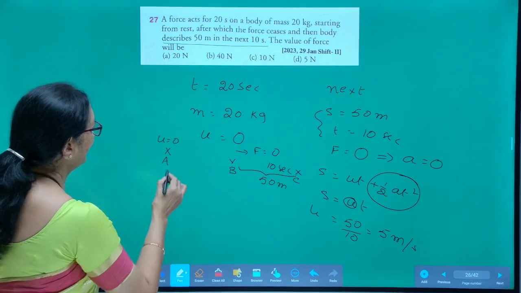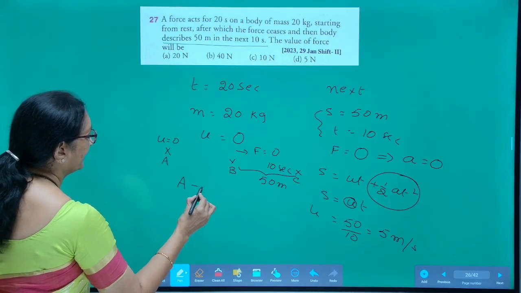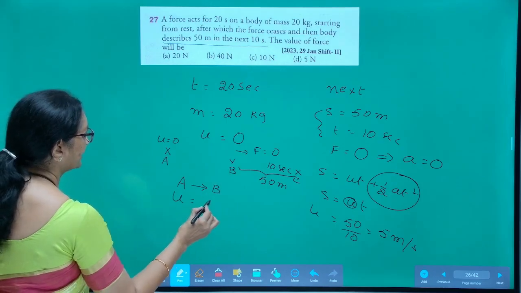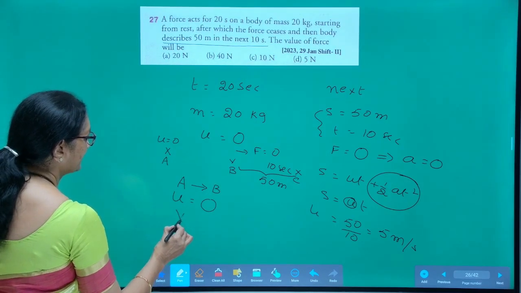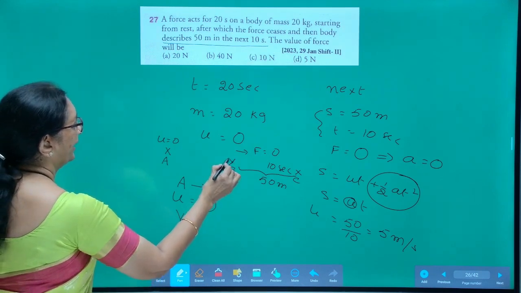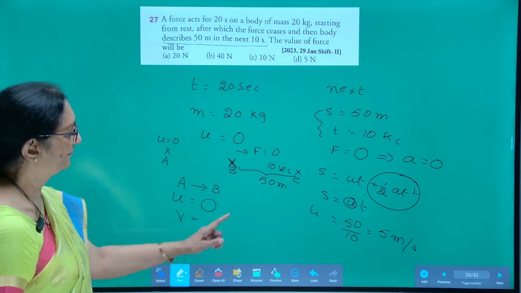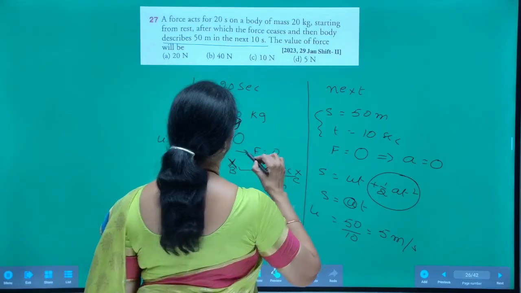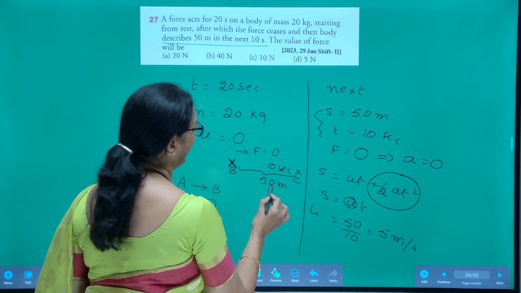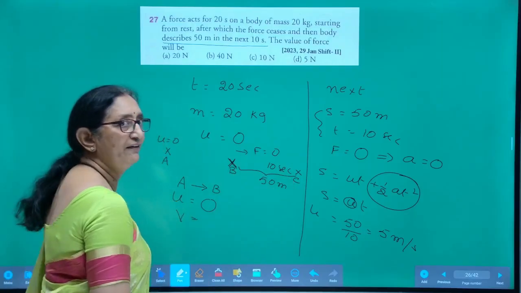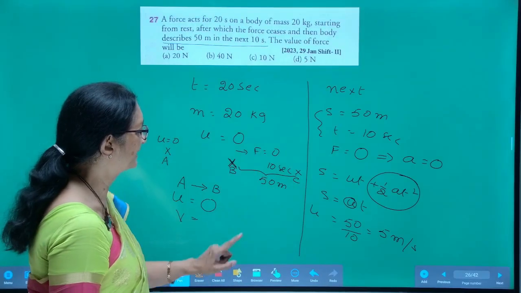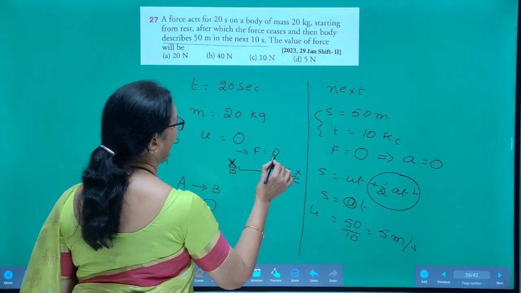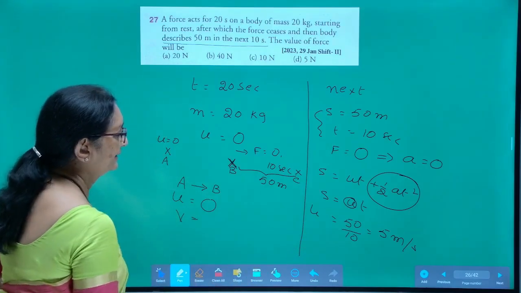So if you consider the journey from A to B, initial velocity is 0. Its final velocity is the velocity at the point B. If you consider the journey B to C, its velocity is uniform because force is 0, acceleration is 0. So from B to C, its velocity is constant, that is 5.